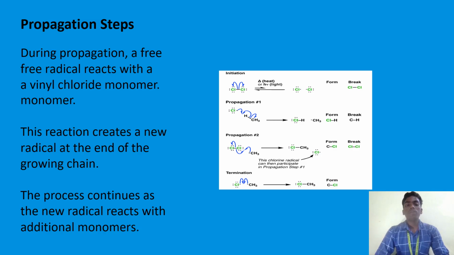Now propagation is a very important part of the chain reaction. During propagation, a free radical reacts with the vinyl chloride monomer.